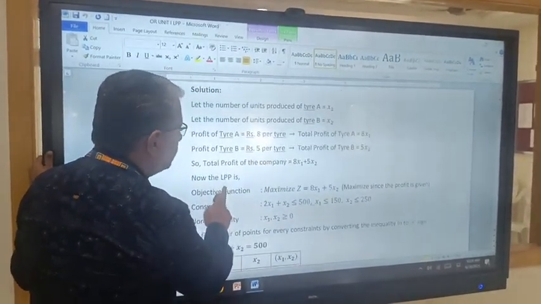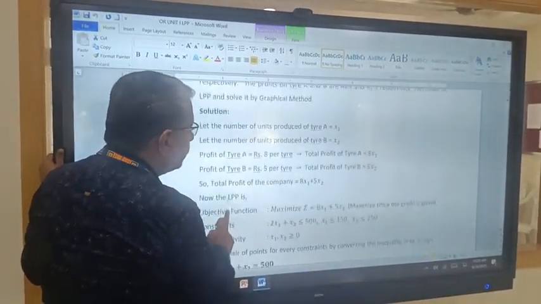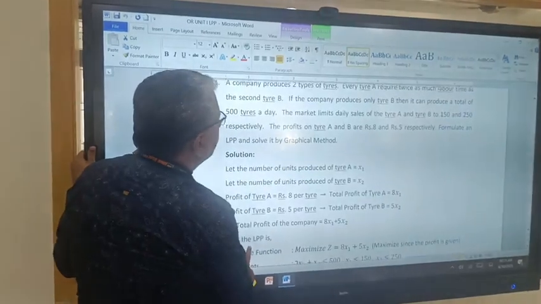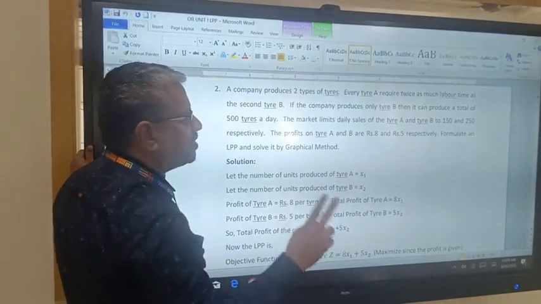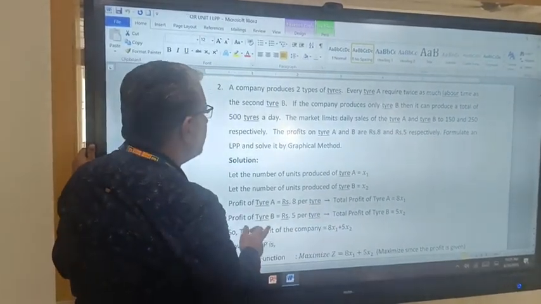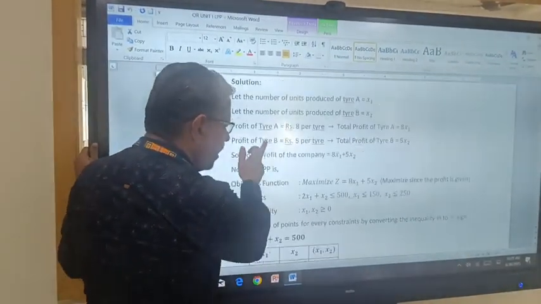Constraints. When it comes to constraints, the condition is that every tire A requires twice as much time as the second tire.